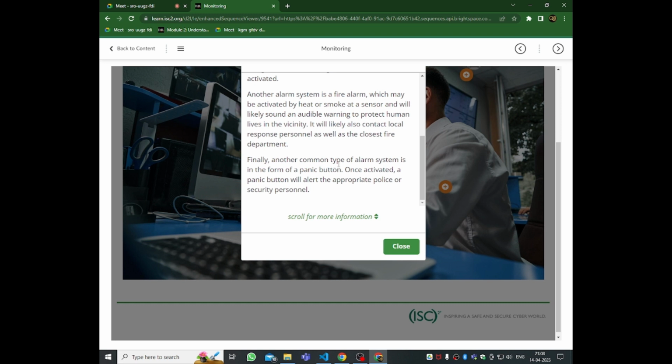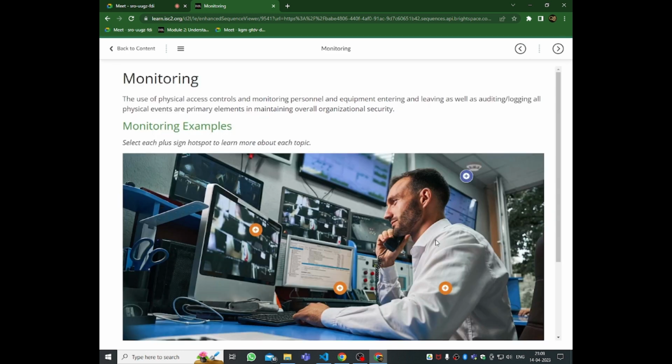Finally, another common type of alarm system is in the form of panic buttons. Once activated, a panic button will alert the appropriate police or security personnel. Finally, we have completed all the types, and these were about monitoring.